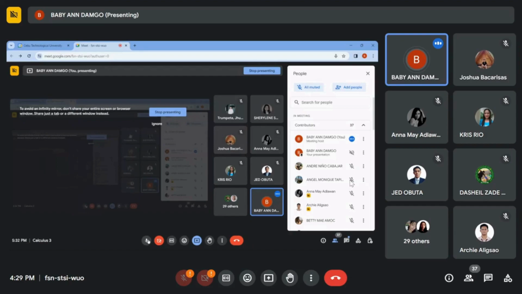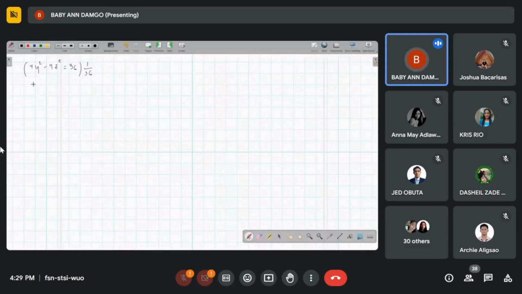So, we multiply both sides by 1 over 36. So, we have y squared over 9 minus z squared over 4 is equal to 1. So, this is the standard form of the hyperbola.